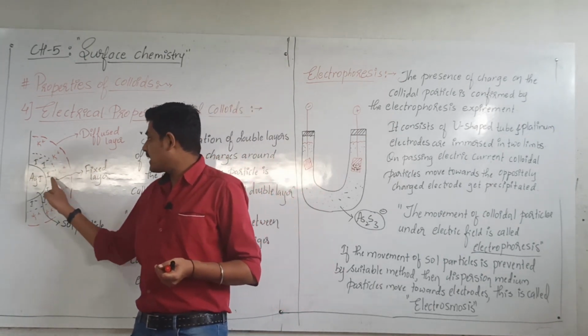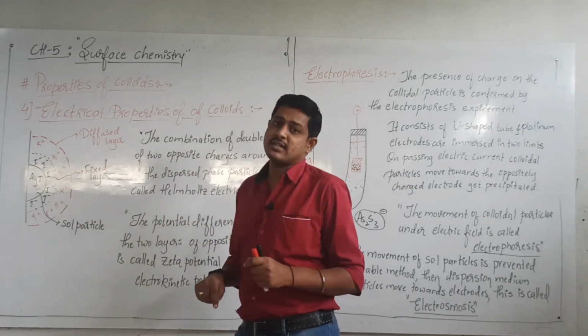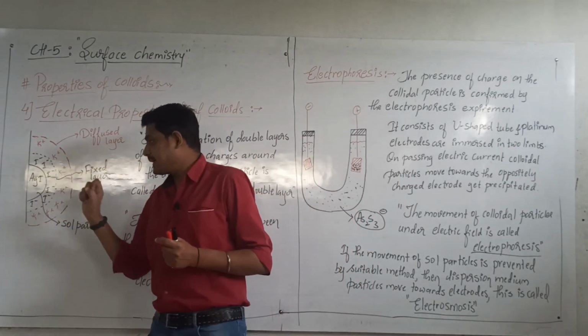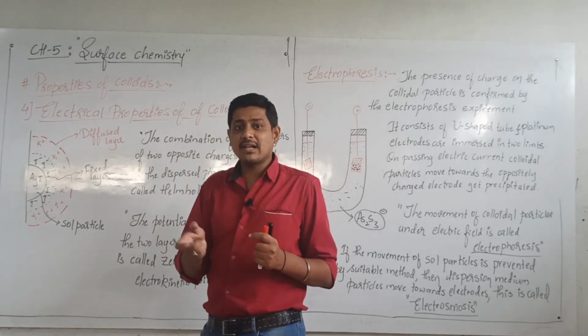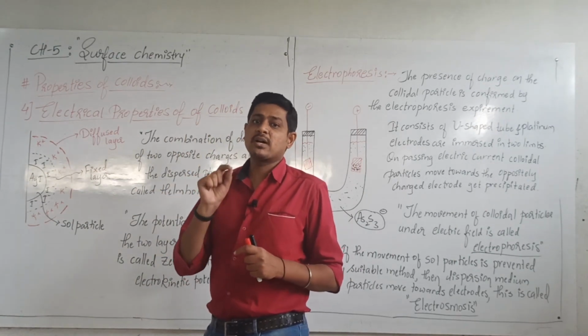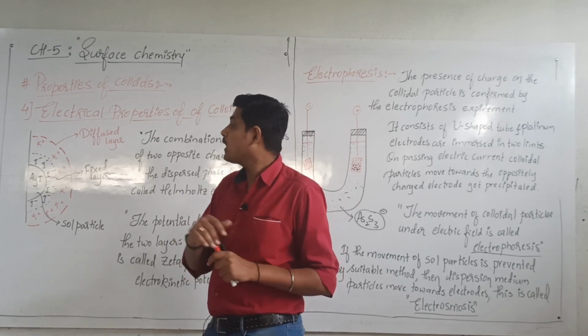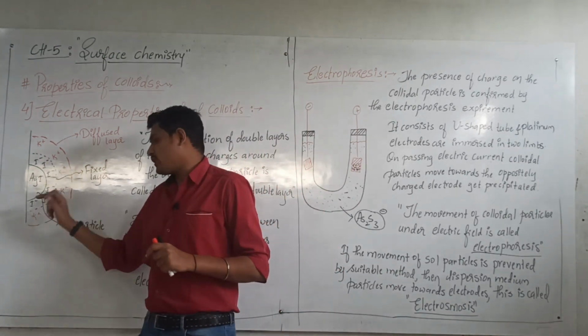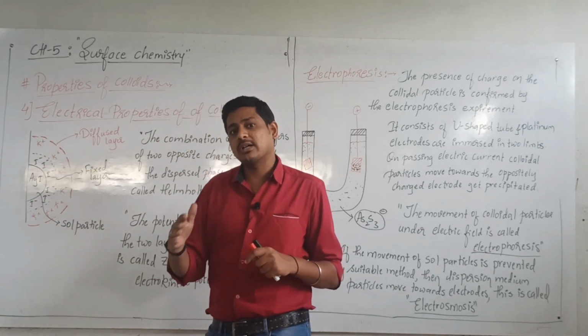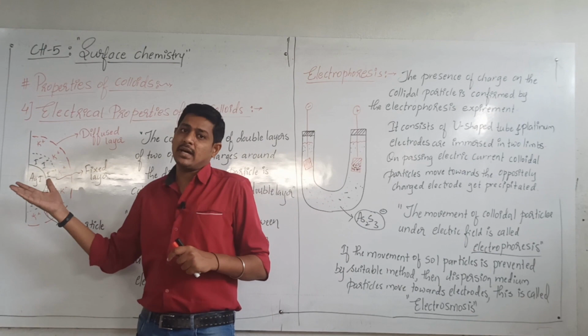This first layer is called the fixed layer. I hope you are able to see it. The fixed layer is nothing but the charge adsorbed by the dispersed phase particles. Once the first layer forms, it will attract the counter ions, meaning oppositely charged ions.